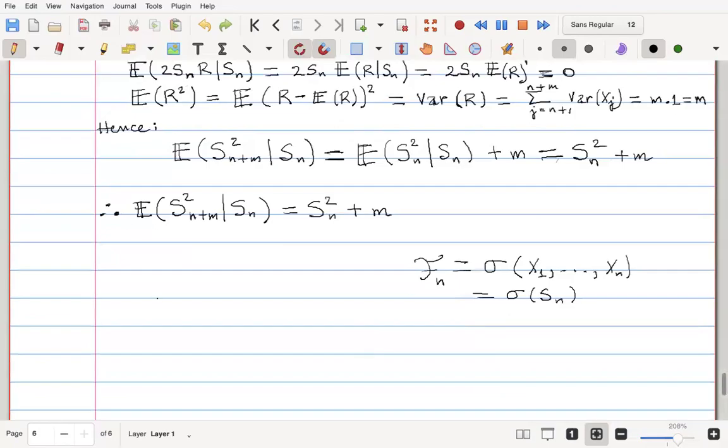I hope you see where I'm going. Meaning that I can rewrite this expression as S_n squared minus n, given F_n, which is this sigma algebra here. This is still the same as conditioning with respect to S_n.